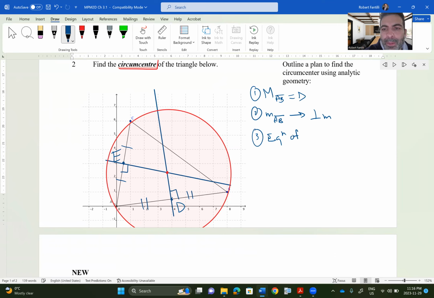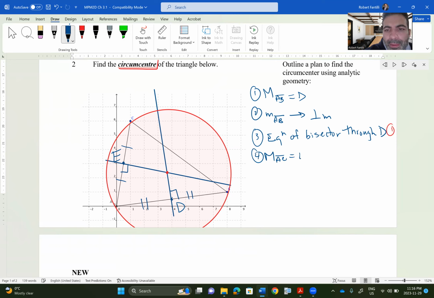And we're going to need to use the negative reciprocal slope and point D to find the equation of the bisector through D. And that's going to be equation 1. Then we're going to do number 4, we're going to find the midpoint of AC.